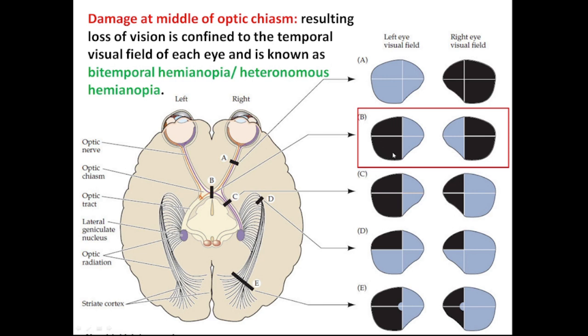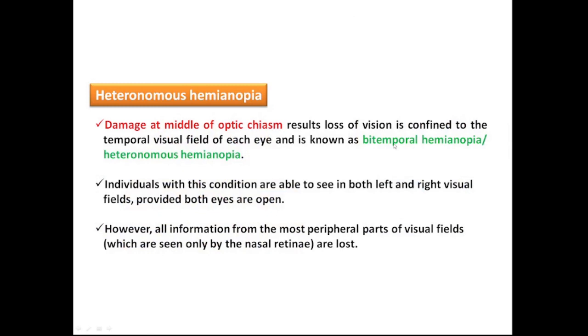Bitemporal means the temporal side of both eyes. It is also called heteronymous hemianopia. So if you damage the middle of the optic chiasma, it results in loss of vision confined to the temporal visual field of each eye, known as bitemporal hemianopsia or heteronymous hemianopia.